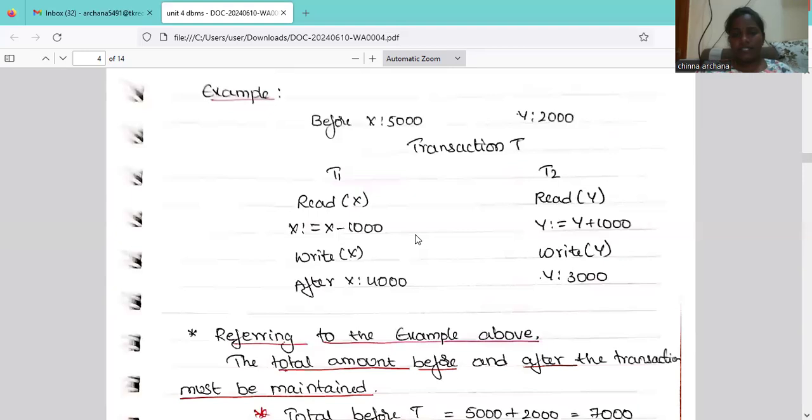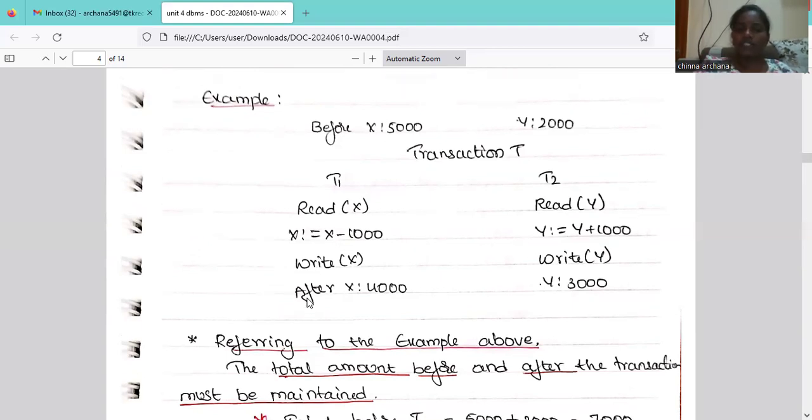Now let us see one simple example, the same example which we have taken for the atomicity property. X we need to debit 1,000 rupees, and we need to credit 1,000 rupees to Y's account. Before the transaction, these are the values, 5,000 and 2,000.